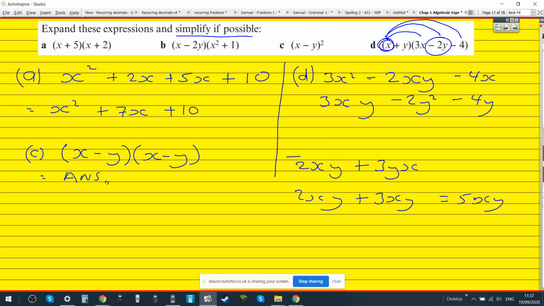Oh, hang on. We never simplified it. Is there anything that can be simplified in there? Minus y squared minus 4, which would be minus 6y squared, right? Would you do that?